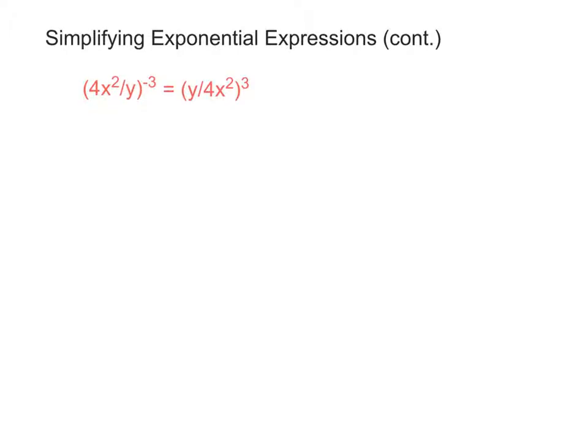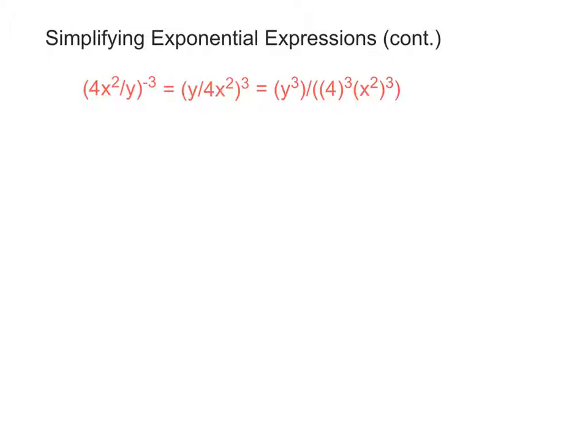So now basically I'm going to flip everything inside the parentheses. So I've got y over 4x squared. And now I'm changing the exponent on the outside of the parentheses from minus 3 to positive 3. And now we can continue with positive exponents. So now we have y to the third over 4 to the third times x squared to the third, okay?